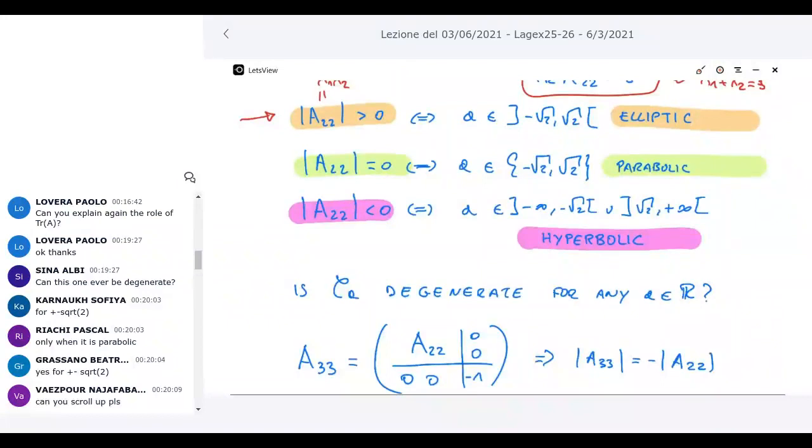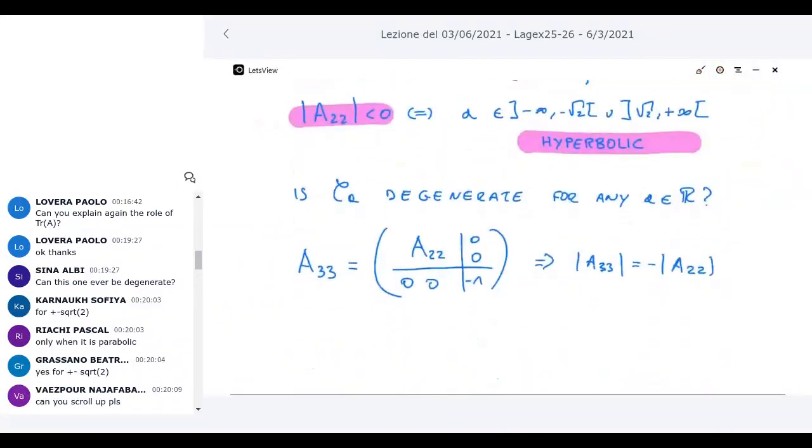So it happens if and only if, let's put it here: C of A is degenerate if and only if A belongs to minus square root of 2 and square root of 2. So it's going to be degenerate and of parabolic type.